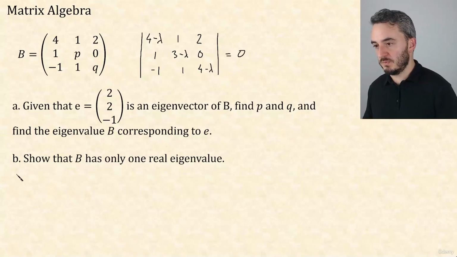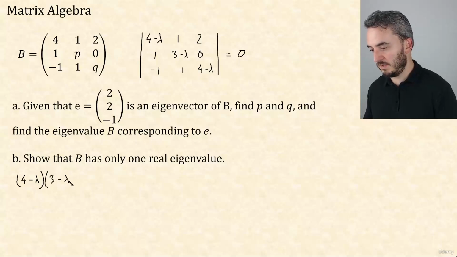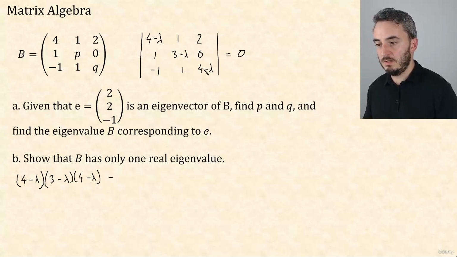So let's explore that characteristic equation. So that's 4 minus lambda times the determinant here, which is this times this minus 0. So that's 3 minus lambda times 4 minus lambda. Then minus 1 times the determinant of this, which is 1 times 4 minus lambda minus 0.